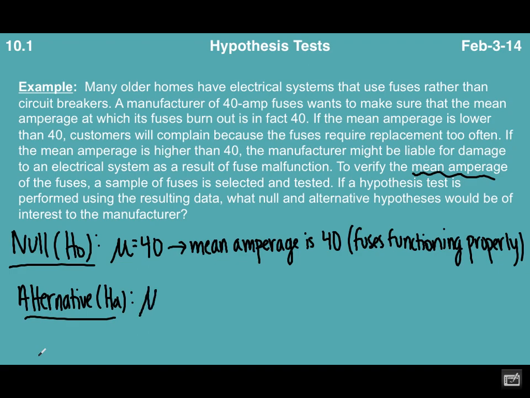So we want to know if the mean is not 40. So if the mean is greater than 40, then there could be damage to the electrical system. If the mean is less than 40, then the fuses require replacement too often. So if the mean is not 40, the fuses are not functioning properly.